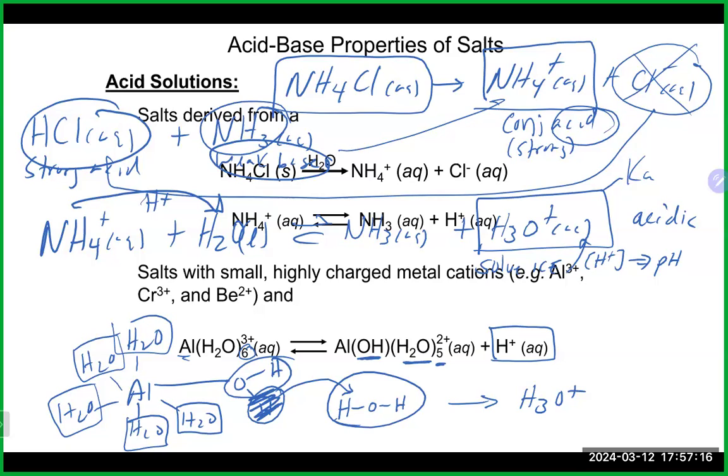Aluminum is +3, so +3 and -1 ends up with a +2 overall charge. But ultimately here, in terms of the hydrolysis part, certain metals that have a high positive charge can act as basically an acidic salt that will produce some more H plus in that solution and affect the pH. Any questions on that there?